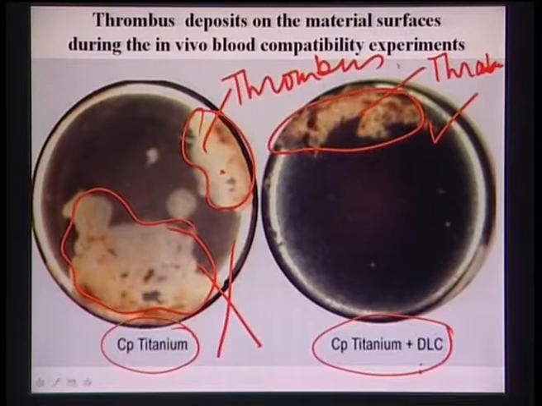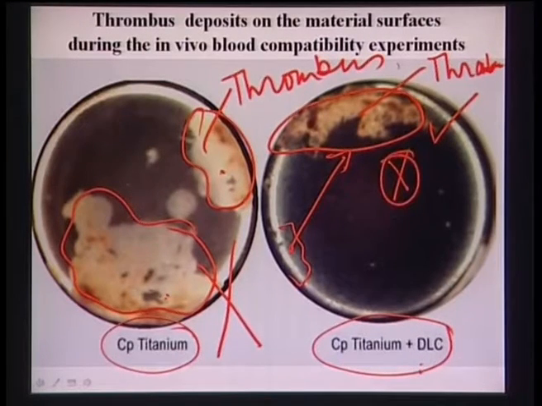If you take a control sample and put it through the same in vivo biocompatibility test, you will probably see some thrombus formation, but not to that extent. Statistically, if you quantify the control versus CP titanium plus DLC coating, you will see this will not be statistically significant. Therefore, you can consider it for potential blood contacting device application, right?